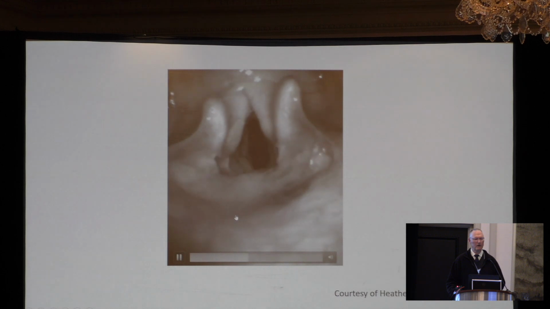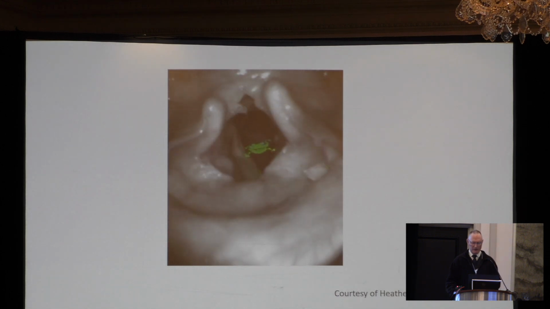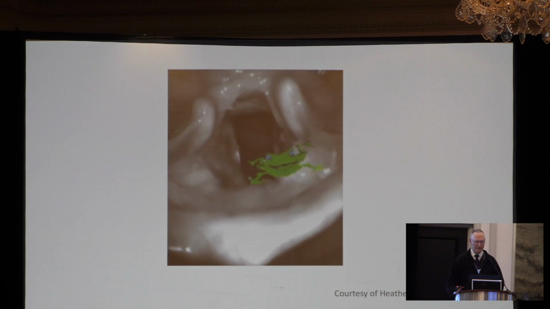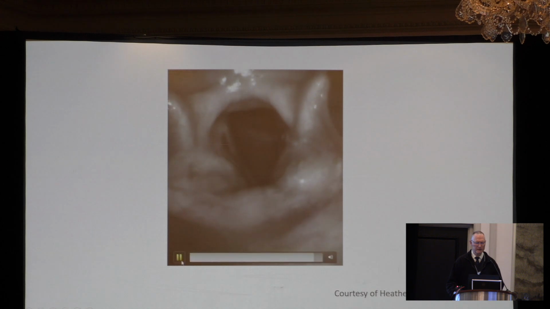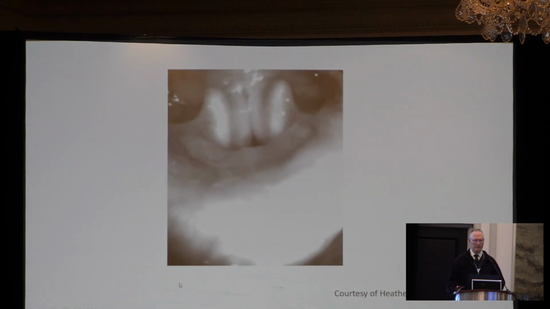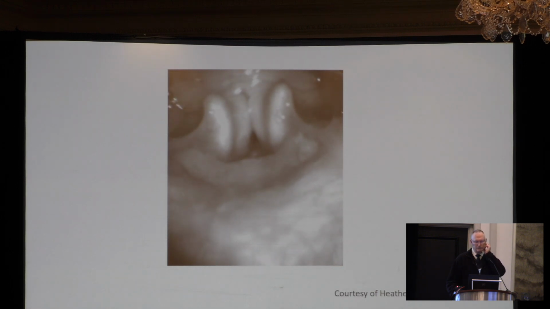Okay, what does a cough look like? So you've got a frog in your throat, and you want to do a high speed frequency. This is compressed, and then this person goes off, and it's going to wiggle.